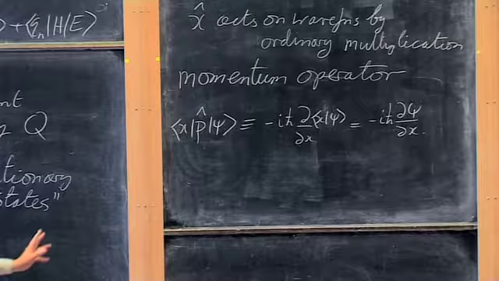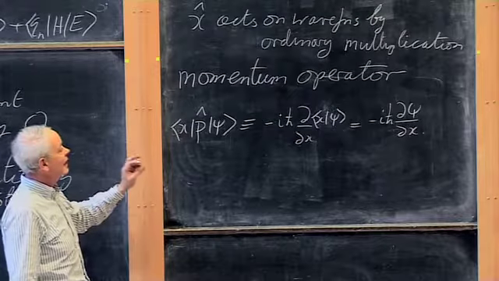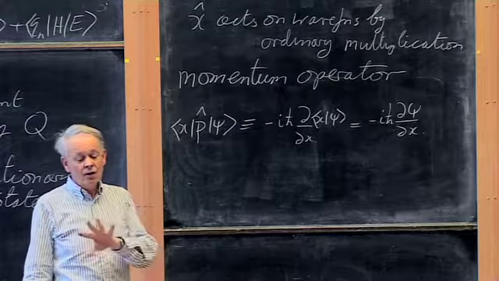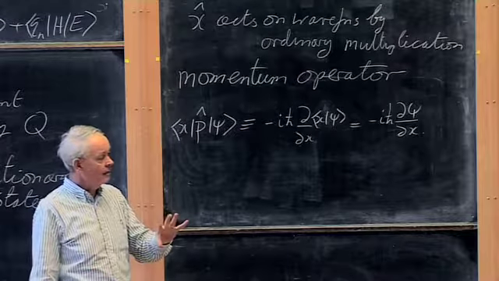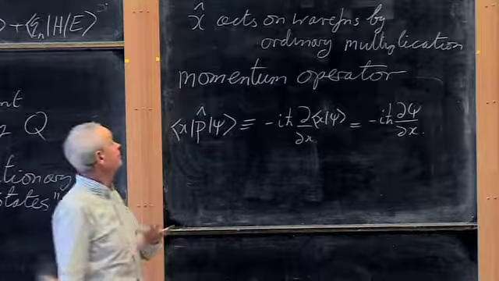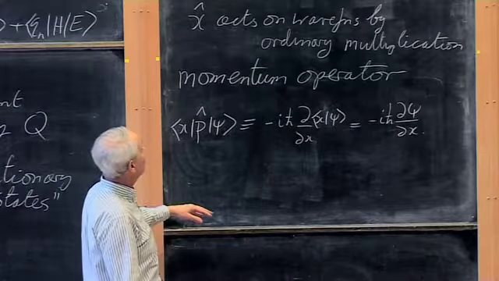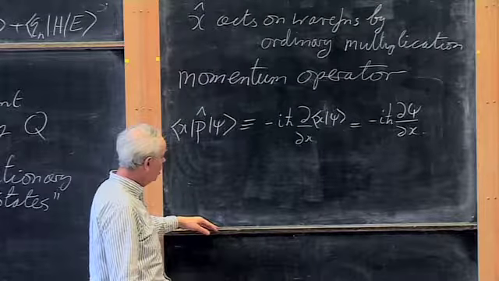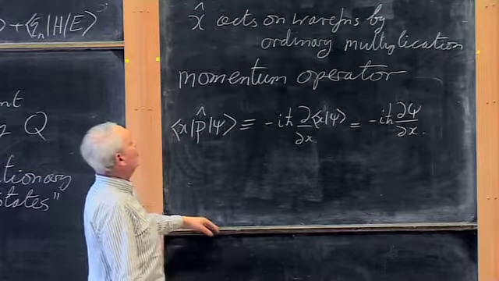Now let's just make sure we understand quantitatively what's happening here. An operator fundamentally is something which turns a state into another state. When we're in the position representation, we're working with functions.